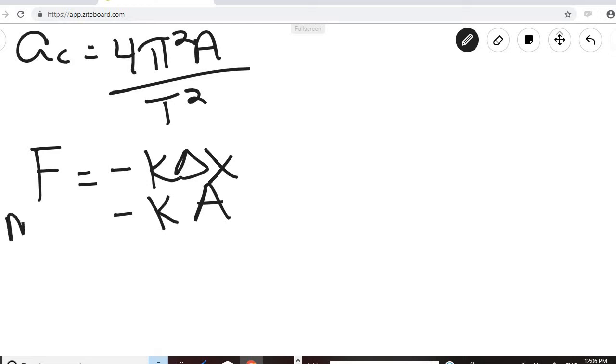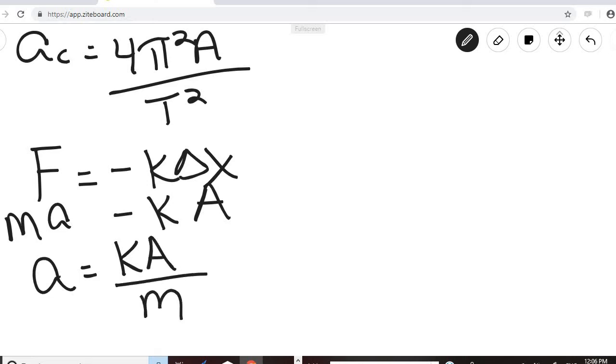Well, you also know that force is equal to mass times acceleration. So if we rearrange all this, what we get is that the acceleration is equal to k times A, the amplitude, divided by m.